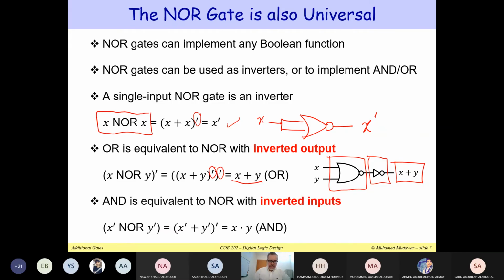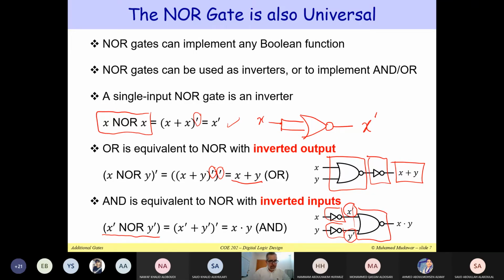Now, in the case of ANDing, we can use a NOR gate with inverted inputs, as shown here in the circuit diagram. If you use two inverters at the inputs of a NOR gate, notice that here I'm taking the NOR of X prime and Y prime. So when you take X prime NOR Y prime, this will be not X prime or Y prime.